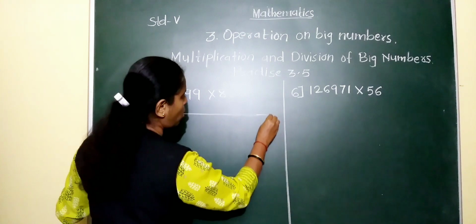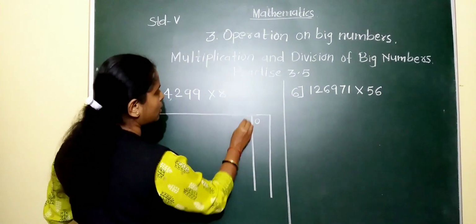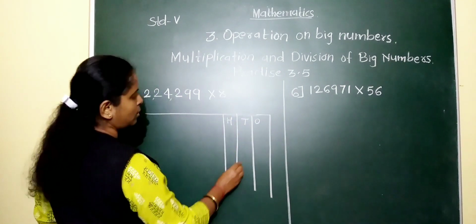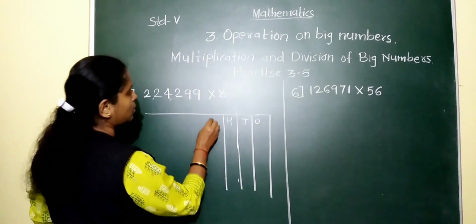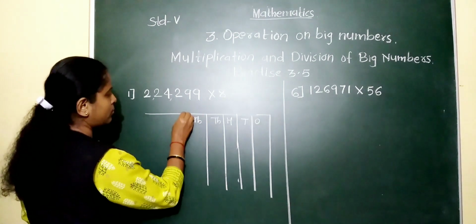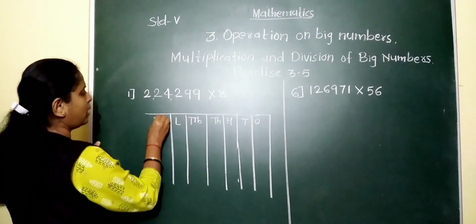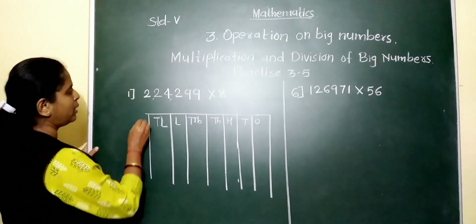So first we will draw columns: ones, tens, hundreds, thousand, 10,000, lakh, 10 lakh, and crore.